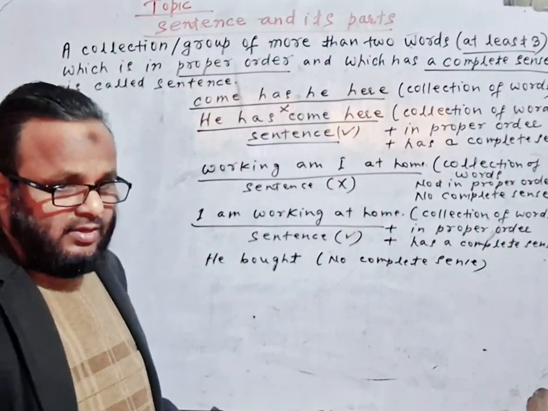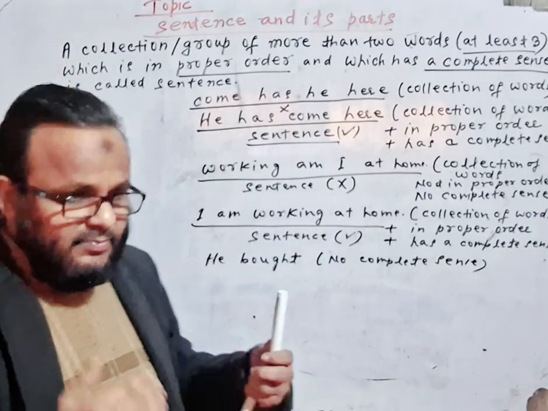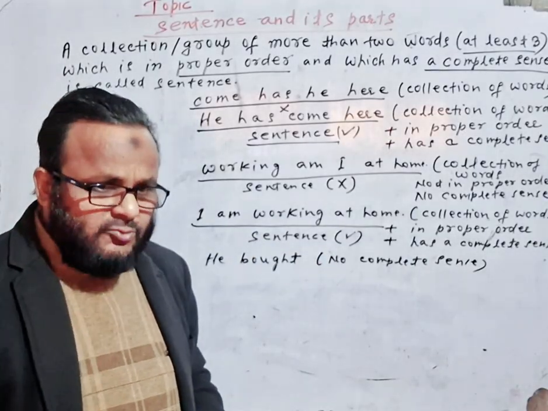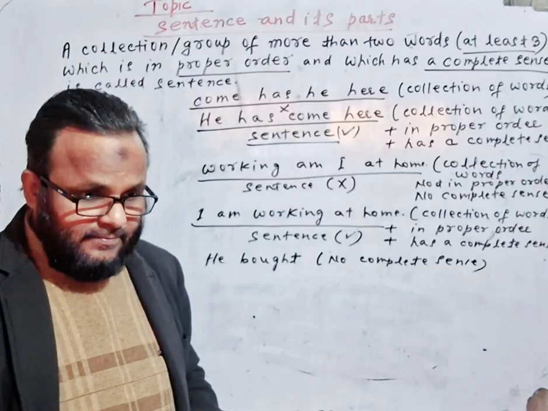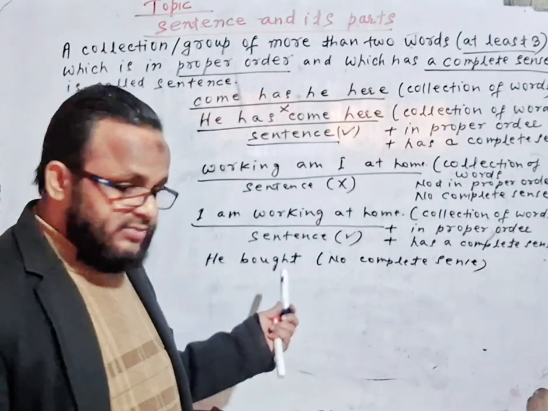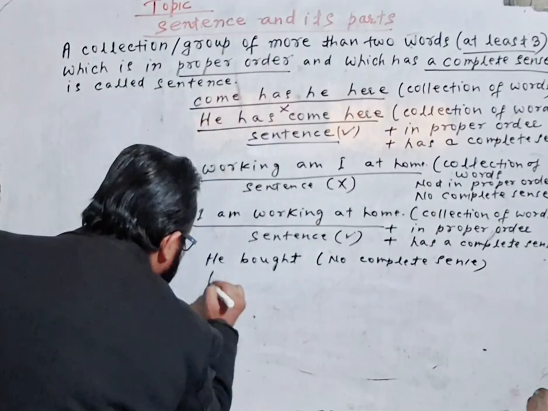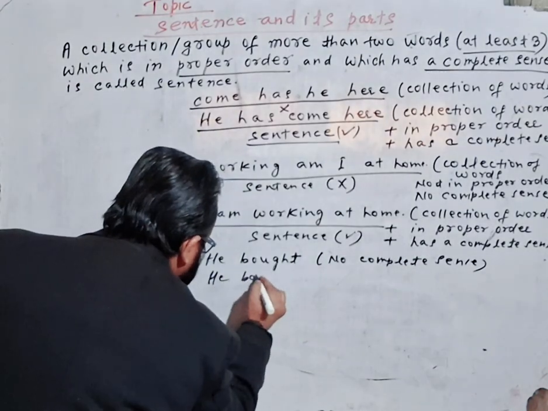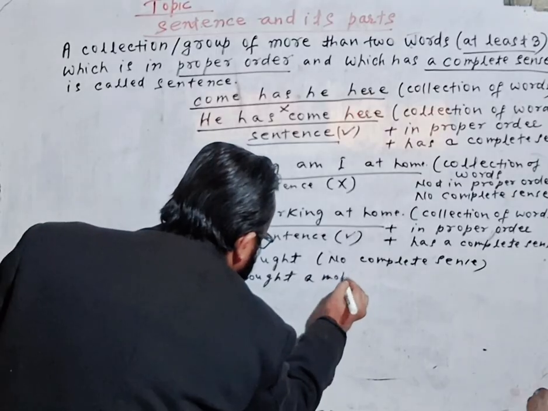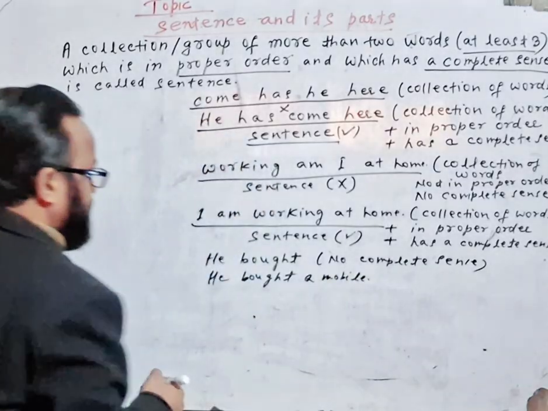He bought. If I tell you he bought, अगर मैं आपसे कहूं कि उसने खरीदा, तो अपने माइंड को देखिए, आगे सोच रहा है कि नहीं सोच रहा है? सोच रहा है. क्या खरीदा? राइट ना? So this is not a sentence. If I write here, he bought a mobile. उसने एक मोबाइल खरीदा.